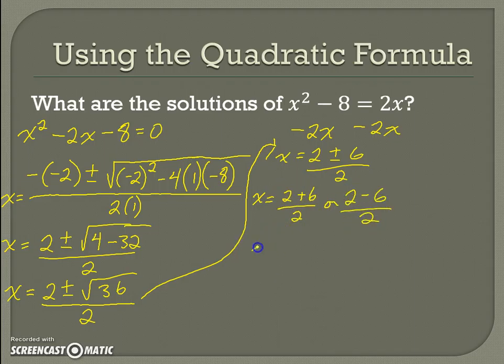And from here you should be able to do this with mental math. So 2 plus 6 is 8. Divided by 2 is 4, or over here 2 minus 6 is negative 4, divided by 2 is negative 2. All right, so the solution to this equation right here is x equals 4 or negative 2.